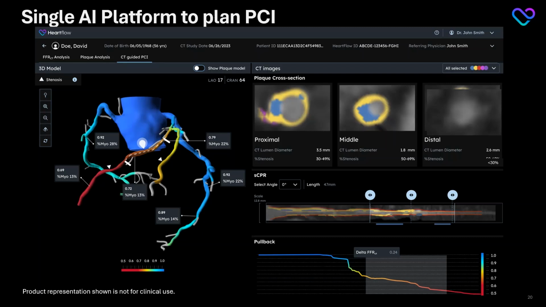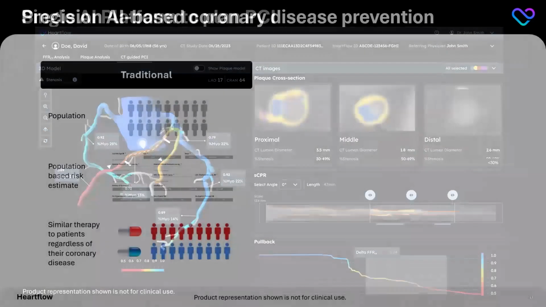This brings together the patient's anatomy, lesion-specific FFR, and plaque information. You can see an FFRCT pullback akin to what you'd do in a cath lab, a pullback analogy to IVUS, and vessel dimensions, the length of where you may place a stent and coronary lumen size. So really an all-in-one tool to help you plan an intervention.